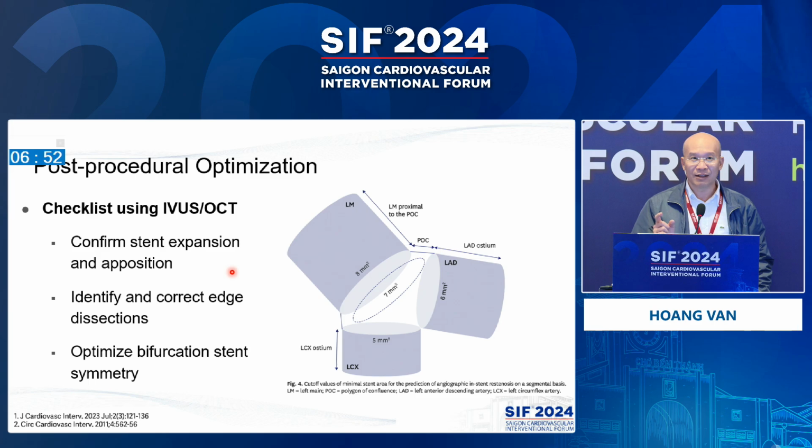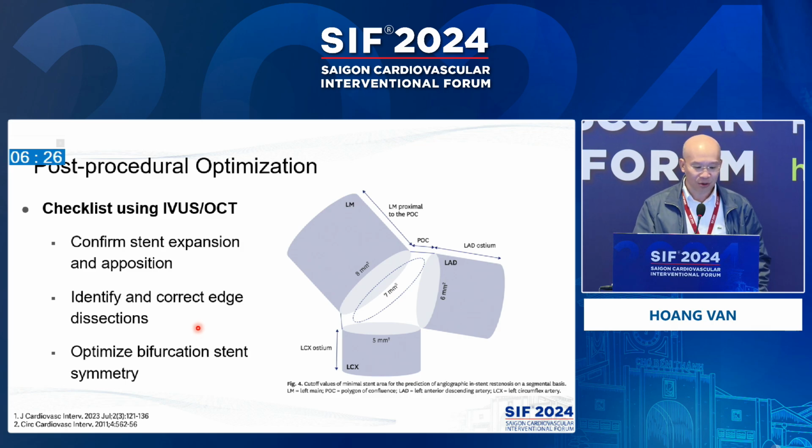Good expansion is defined as the minimum stent area being more than 90% of the reference. If not good expansion, we have to post-dilate one more time with higher pressure with an NC balloon.